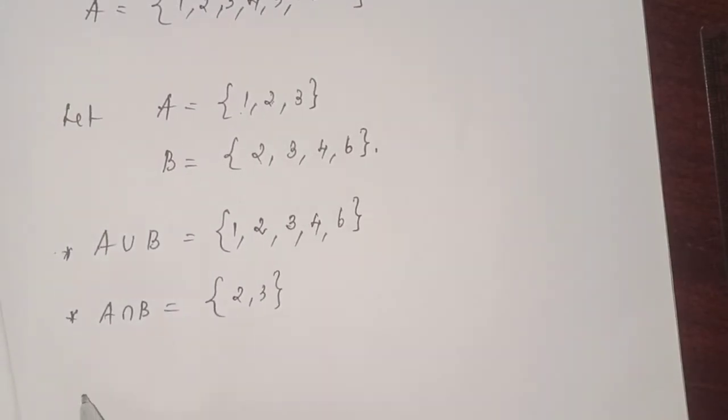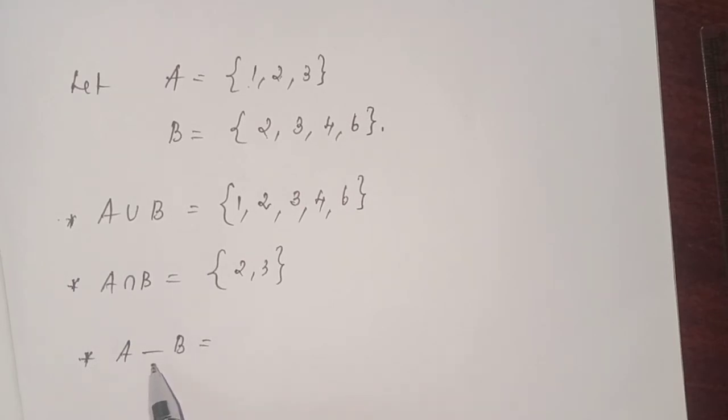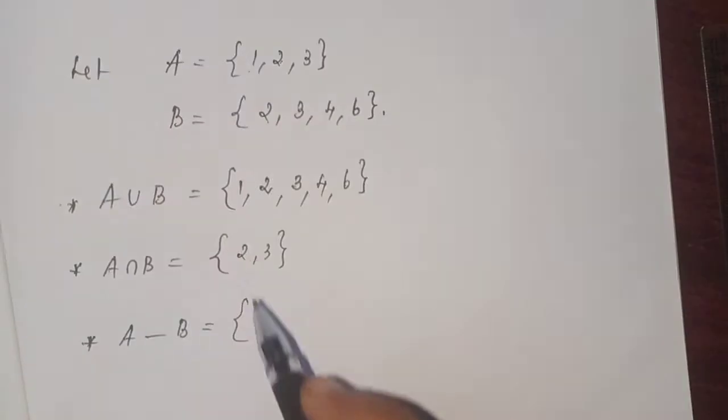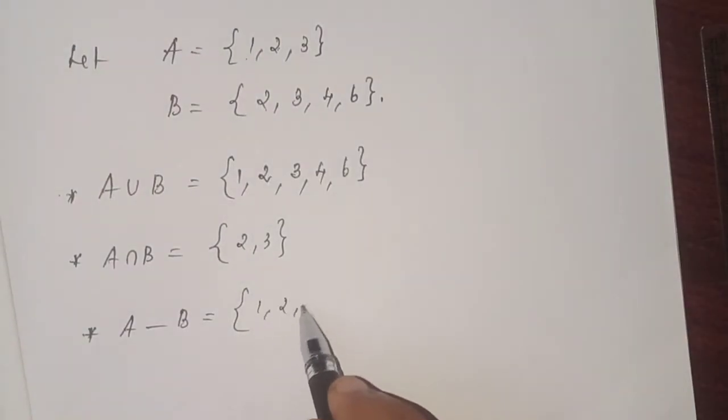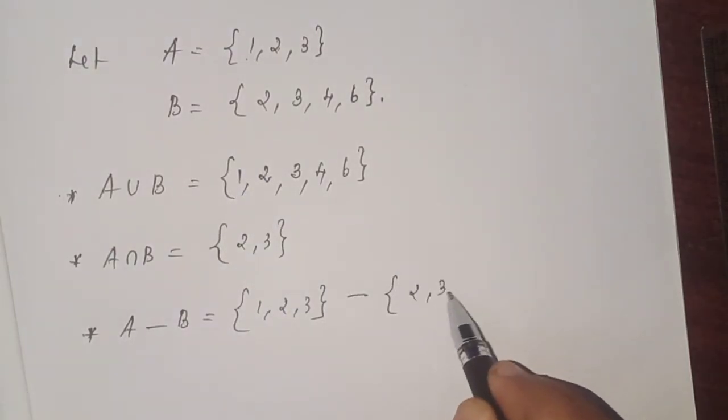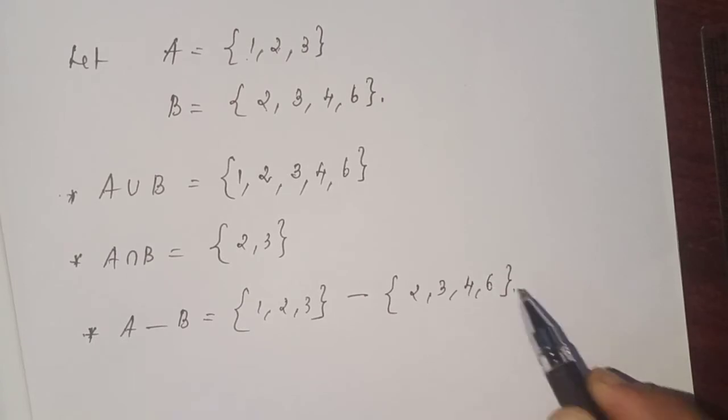Now, you can go for the set difference A minus B. Sometimes instead of minus, it may be given as a slash. The slash represents set difference. Set A minus set B is equal to, write set A first, {1, 2, 3}, minus set B, that is {2, 3, 4, 6}.